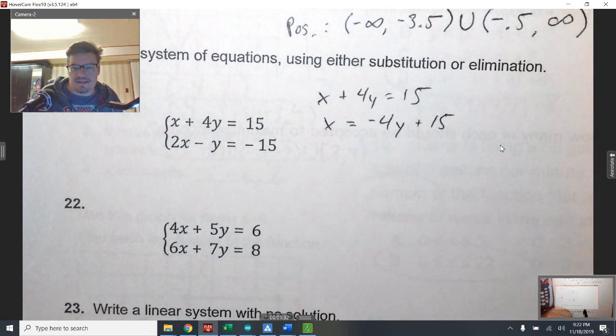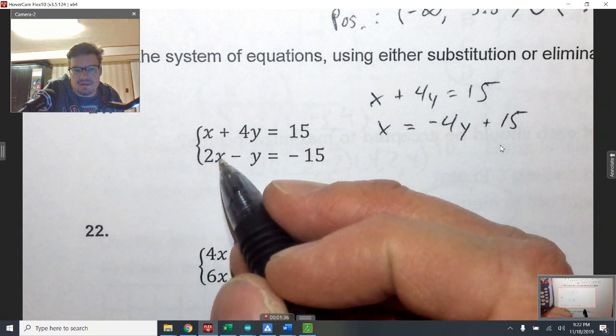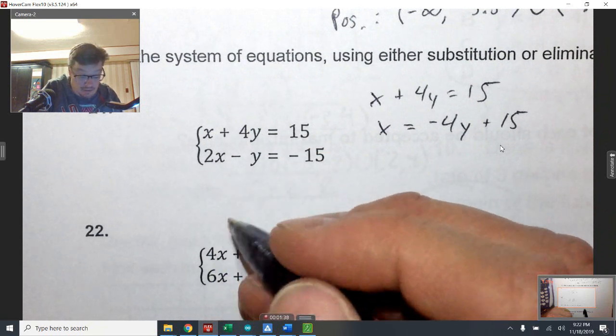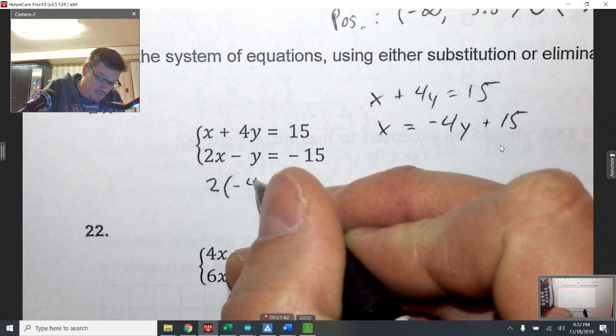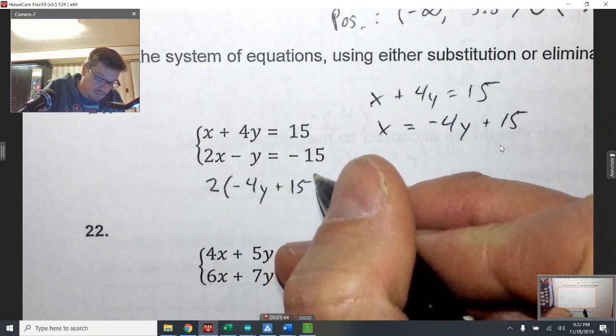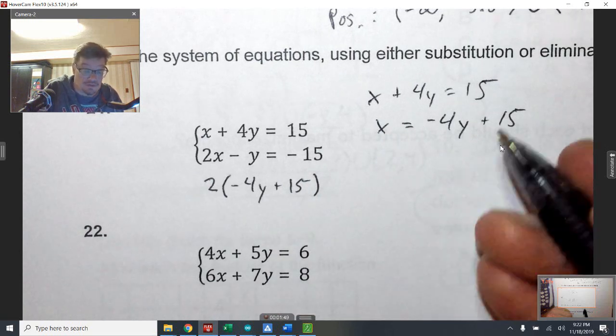Now this x can be substituted into the second equation by putting 2 parentheses negative 4y plus 15, because that is x. So it's a direct substitution.